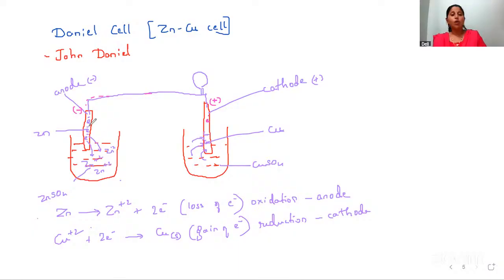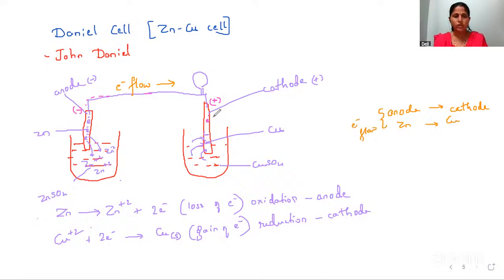Now our concentration goes on to the electron flow. So how is the flow of electrons here? You can see here the electron flow is from anode to cathode. Or to be more specific, I can say the electron flow is from zinc to copper. So this is electron flow. Yes or no?